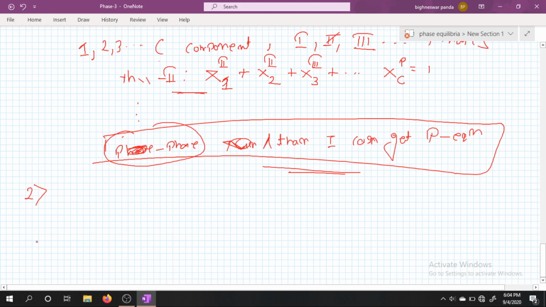This is for component 1. If I am considering component 2, then also same: chemical potential of component 2 in phase 1 should be equal to chemical potential of component 2 in phase 2 equal to chemical potential of component 2 in phase 3, so that they can achieve chemical equilibrium.